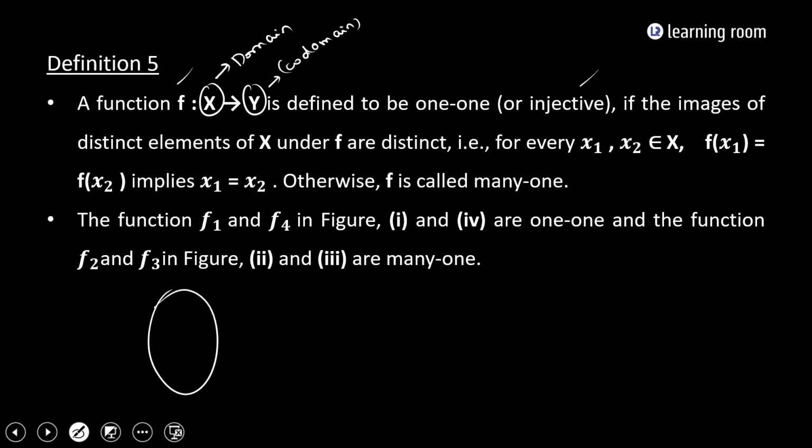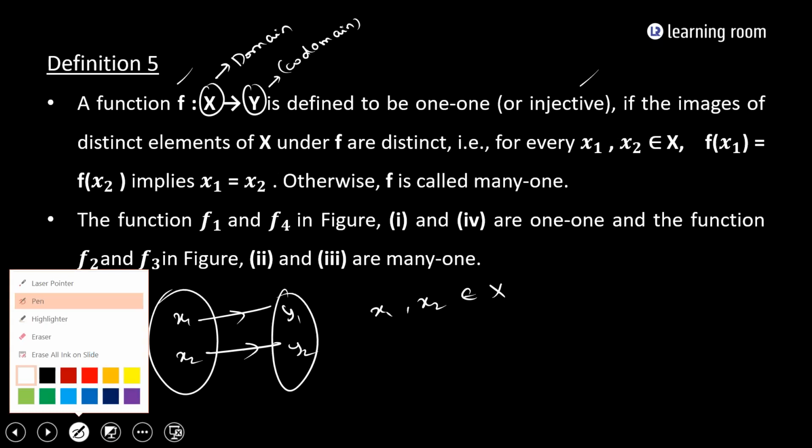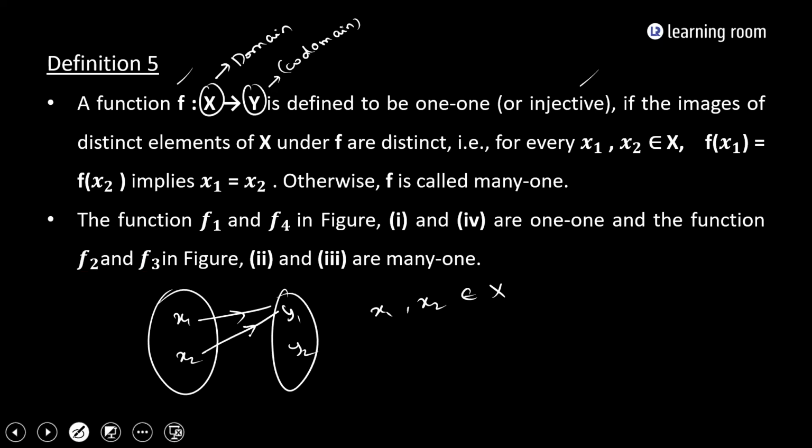What they are saying is, if X1, X2 are two elements which belong to set X, and f of X1 is equal to f of X2, then X1 and X2 should not be two unique elements, they should be the same element. That is the mathematical statement.